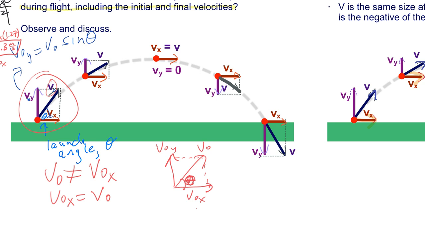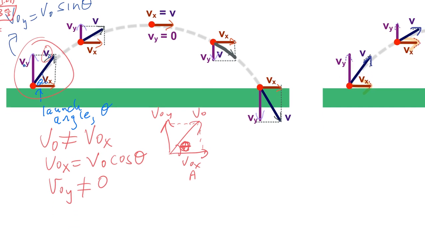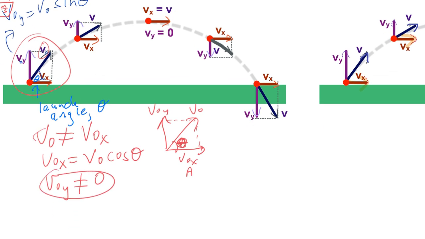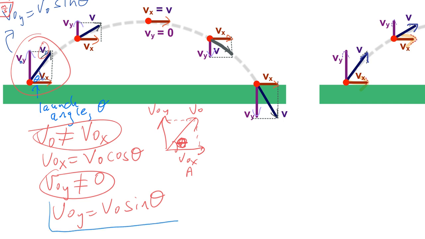VOY is not going to equal 0 like it did before. VOY is going to equal VO sine of the launch angle. So that's a big difference, and you got to do that at the beginning if it's not done for you. I can't stress more that difference.